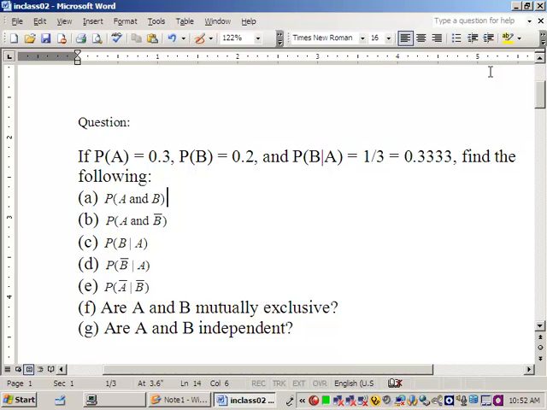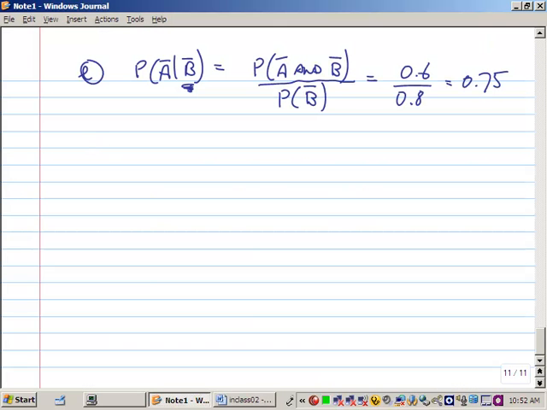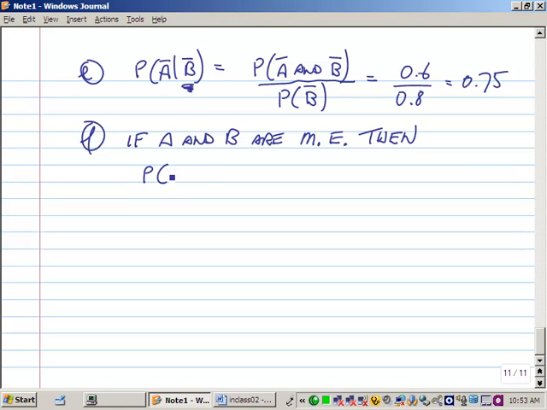F. Are A and B mutually exclusive? If A and B are mutually exclusive, we'll abbreviate ME, and this comes from material from the addition rule, then the probability of A and B is equal to 0. Mutually exclusive means they cannot occur at the same time.